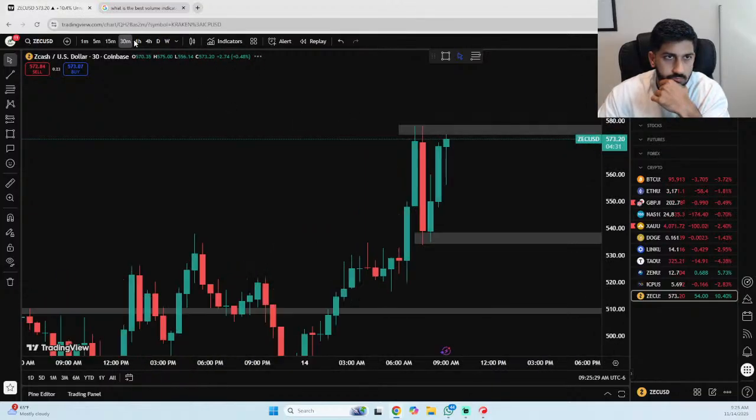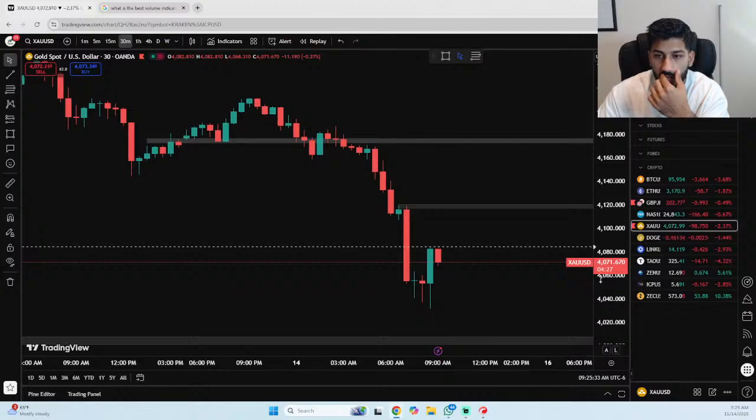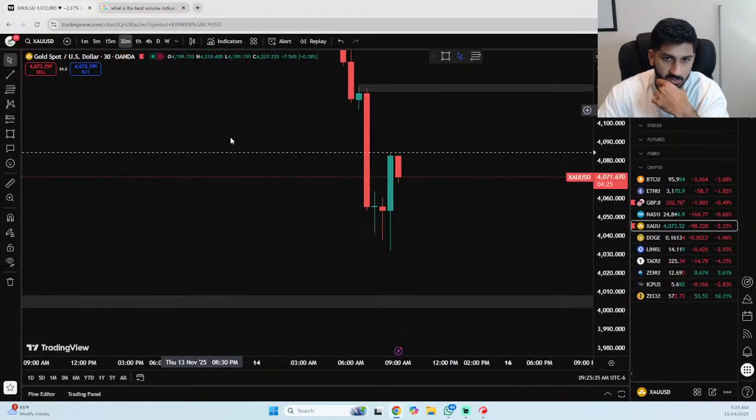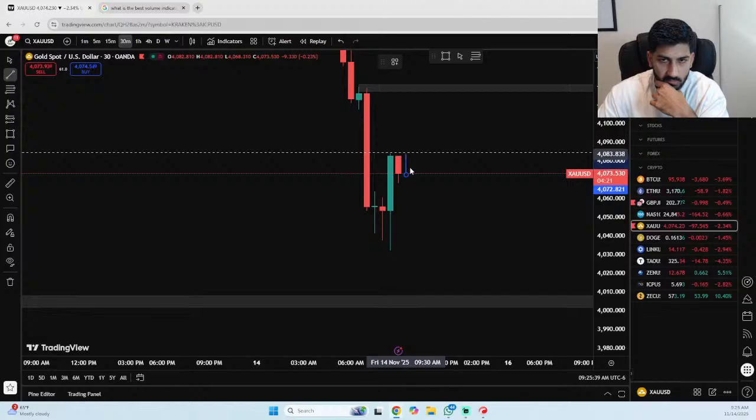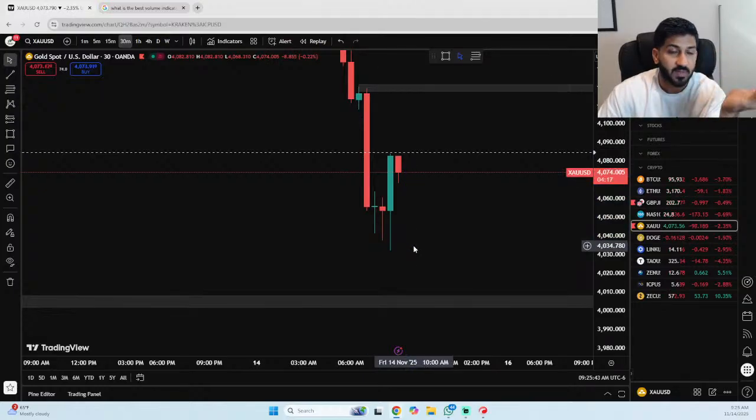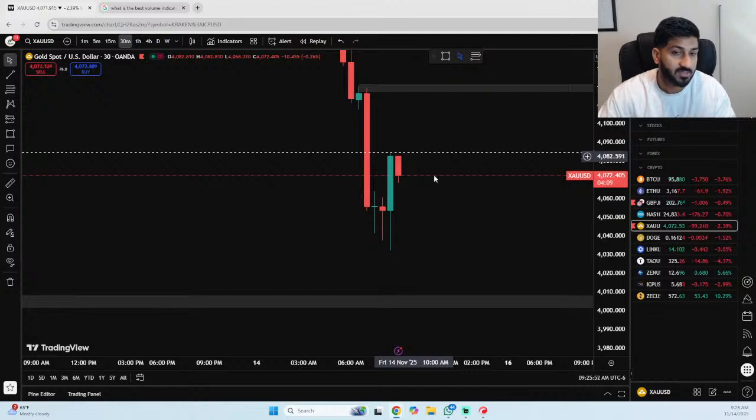Now we are looking for a retest here. All I'm looking for is a retest. I want the price to move up and then continue to push down. That is something I'm expecting. But if the price closes above, then the market doesn't care what I expect or what I want.